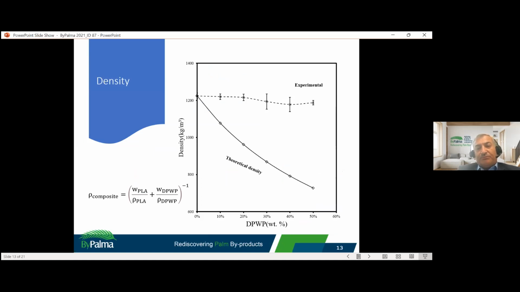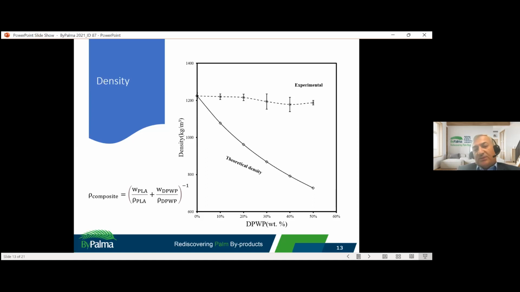If we check some properties together quickly, inshallah, we see that the density of the produced material is in the range of 1,200 kilogram per cubic meter, where the experimental density is a little higher than the theoretical density, which is calculated from the simple linear mixing rules.